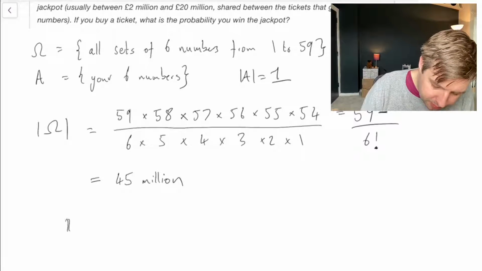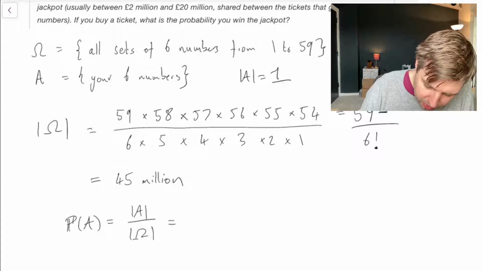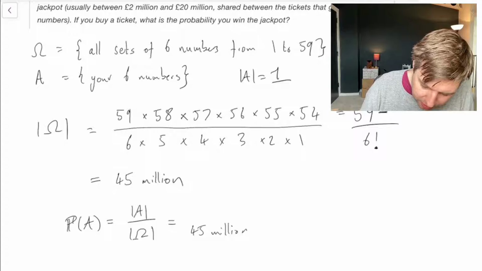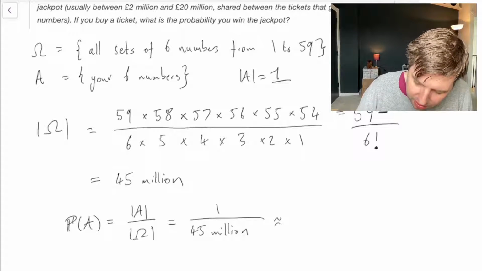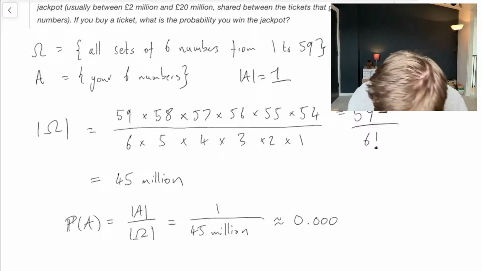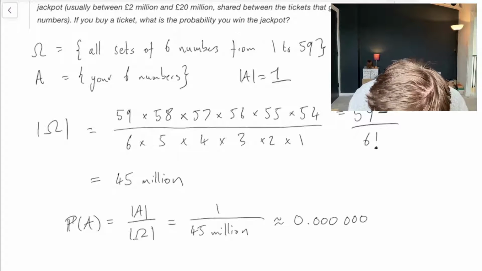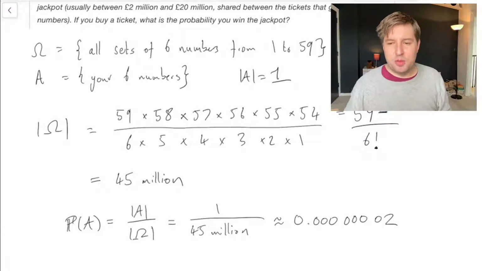And so we see that the probability of A is, as always, number of elements in A over number of elements in omega. A was 1, omega was about 45 million, so we've got about a 1 in 45 million chance of winning the lotto, which, if I get my number of zeros right, is, I think, that many zeros. So quite a small possibility.